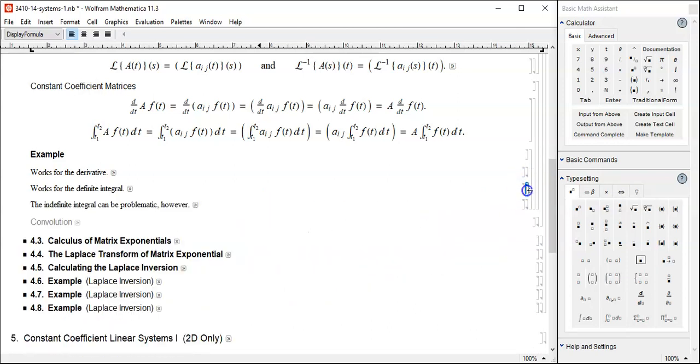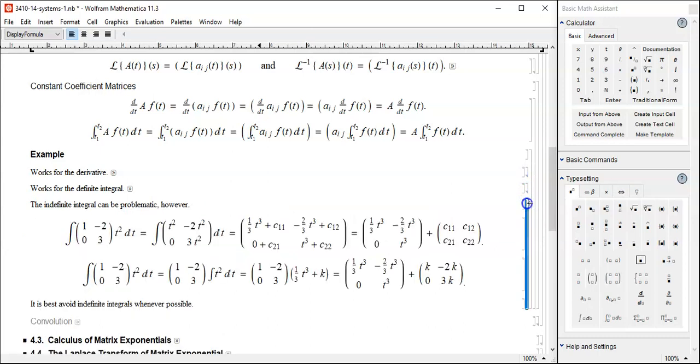By the way, what if I try to do the same thing with indefinite integrals? We have a problem here. Let's apply the scalar multiplication first and get this matrix, and then apply the antiderivative to each entry. So we have 4 integral computations. Consequently, we have 4 integral constants, and they all come here. So we have an arbitrary constant matrix C popping out here that consists of arbitrary entries.